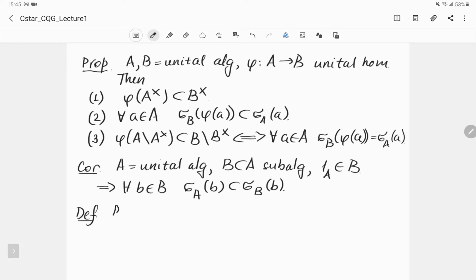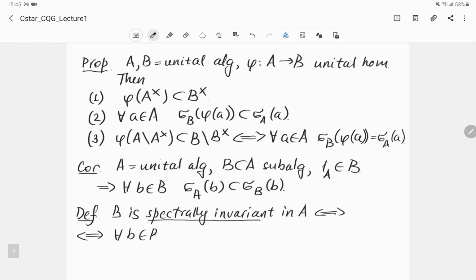We say that B is spectrally invariant in A if for each element little b in the subalgebra, the spectrum of b calculated with respect to A equals the spectrum of b calculated with respect to the subalgebra B.